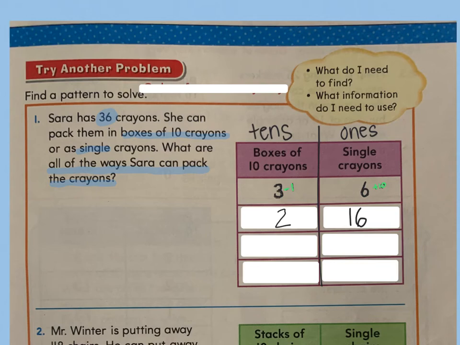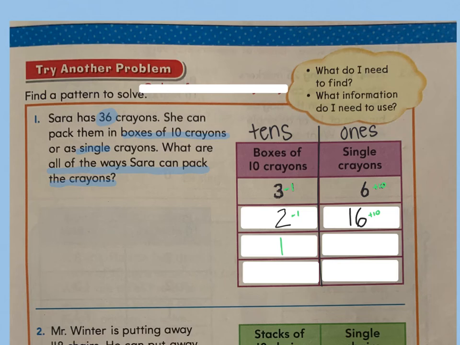Okay, let's figure out the next one. If we take away another box of 10 crayons, 2 minus 1, how many would we have? 1. We'd have 1 box of crayons left. 1 group of 10. But then in our ones place, we have to give 10 more because we took it away from the tens.